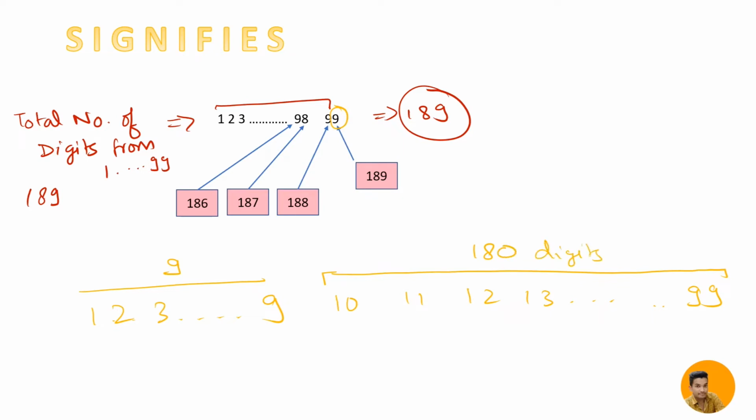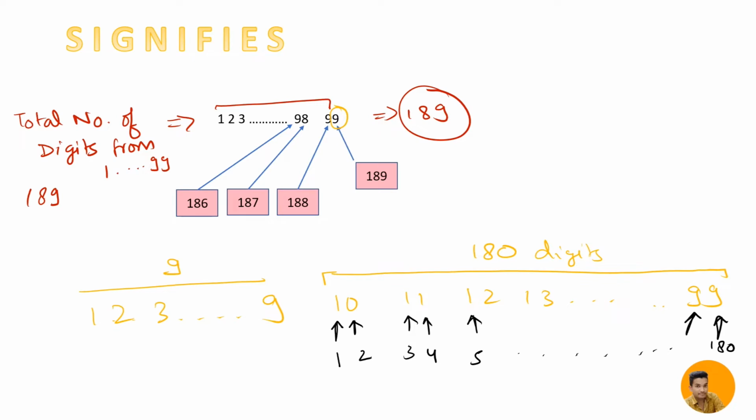If I position the first digit at 1, then the next would be 2, then 3, 4, 5, and the last would be 180. If I start counting here, then this would be 180.